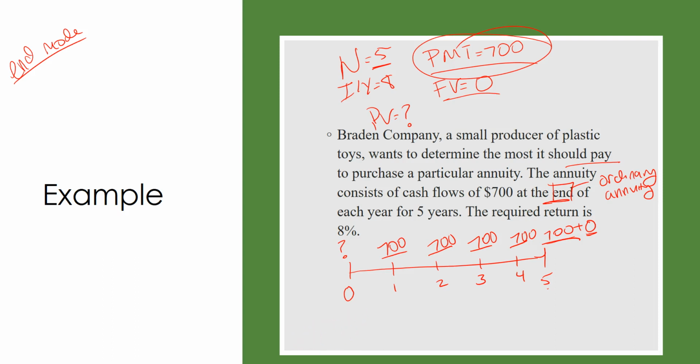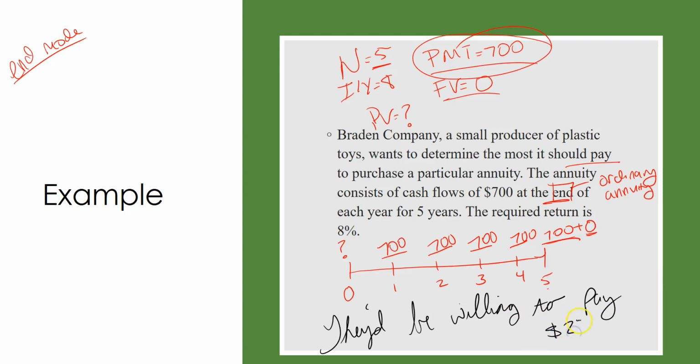So in sentence form, we would say they'd be willing to pay $2,794.90 to purchase this annuity that earns them $700 a year for 5 years.